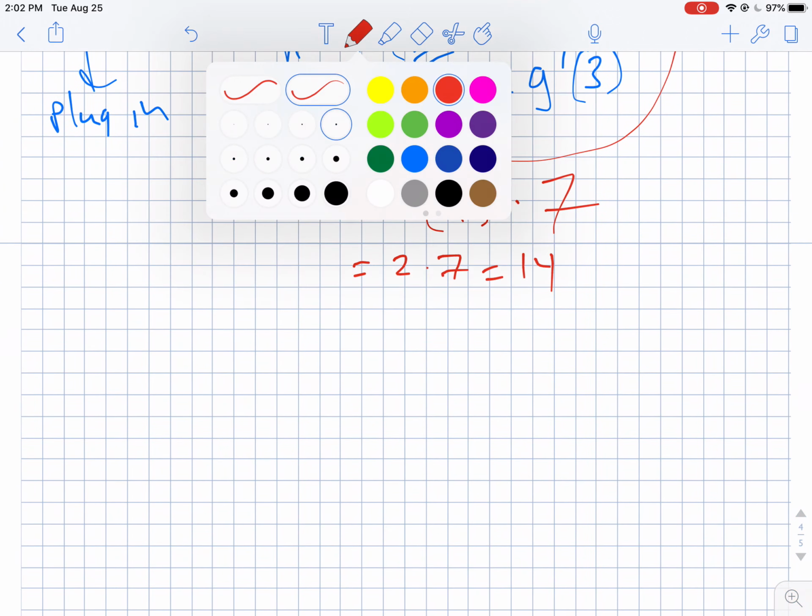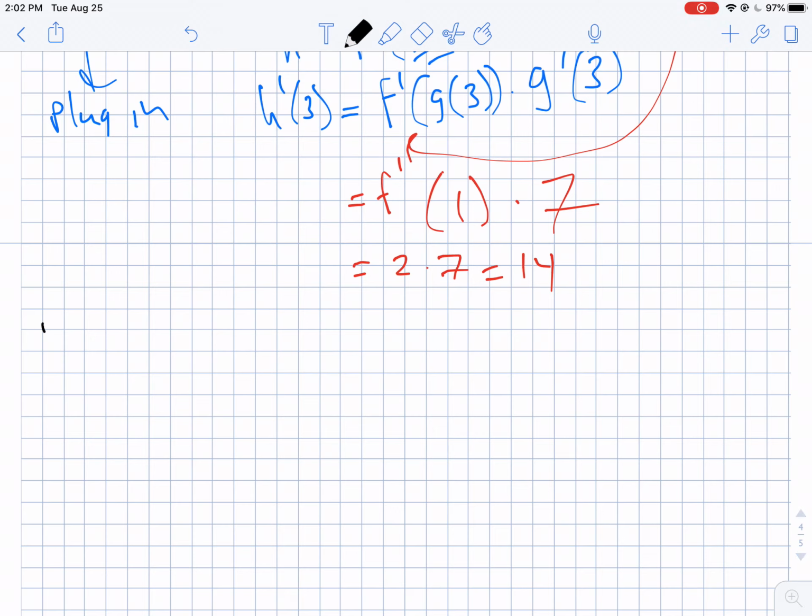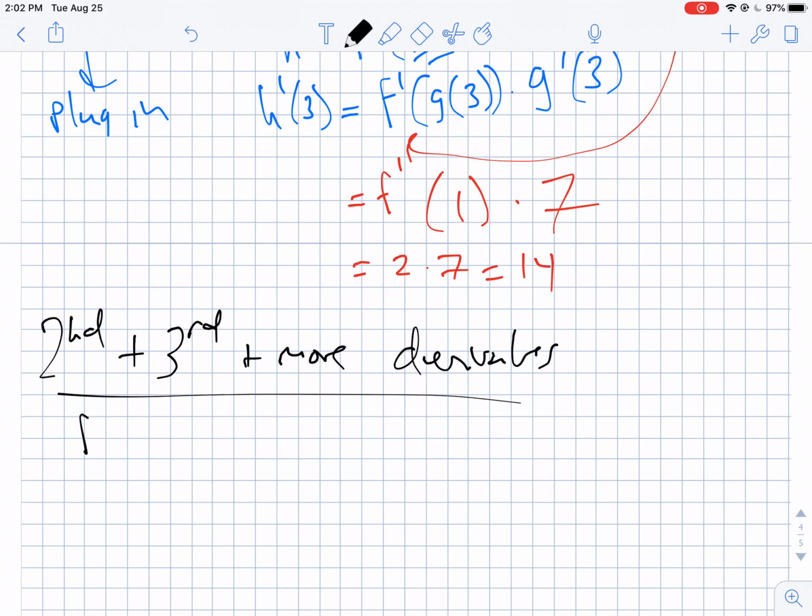Okay, just one more quick thing I wanted to mention. Second and third and more derivatives. Sometimes you might see this kind of notation. When you see f double prime of x, or sometimes you'll see this notation d squared y dx squared, that means the second derivative.